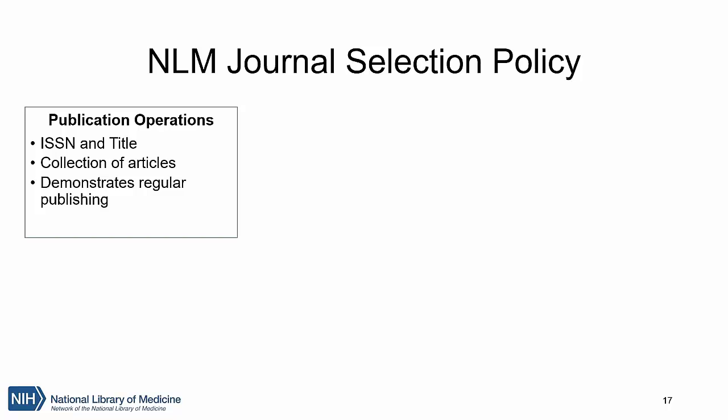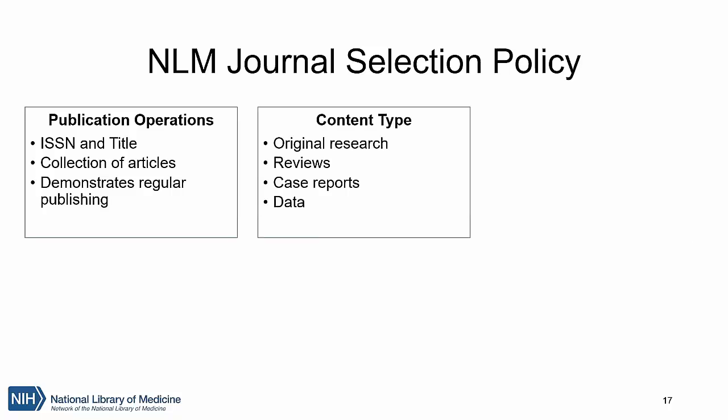First, we evaluate the journal's publication operations to ensure that it has an ISSN and a title, is formatted as a collection of articles, and demonstrates regular publishing. Additionally, the selection policy states that journals should publish specific types of content, like original research, reviews, case reports, or data.